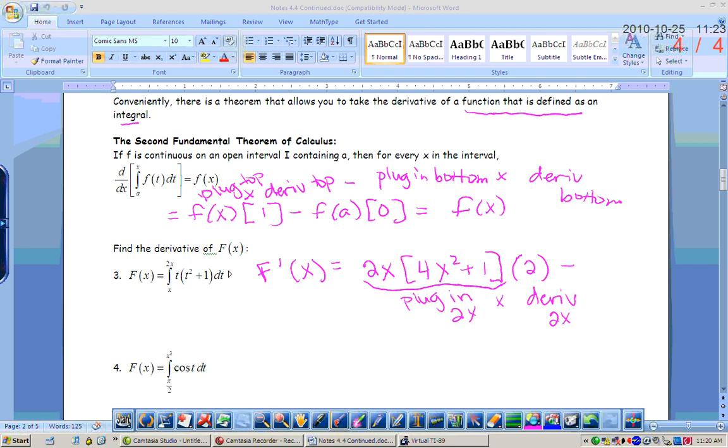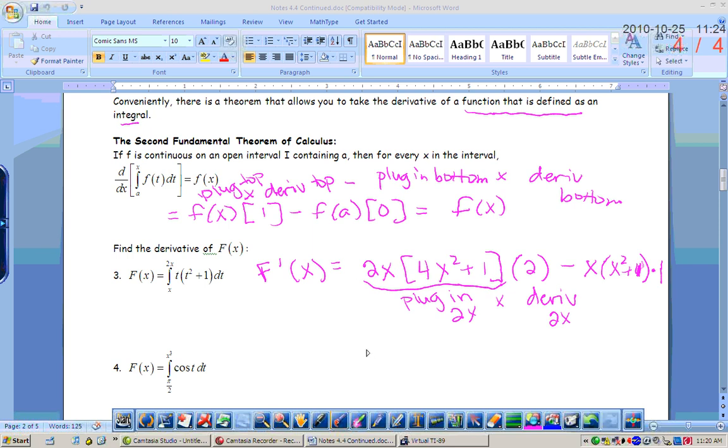All right, minus, now I'm going to plug in the bottom limit, which is x. So x times x squared plus 1 times the derivative of x, which is 1. Okay. And I'm pretty okay with you not simplifying that, if you don't really want to.